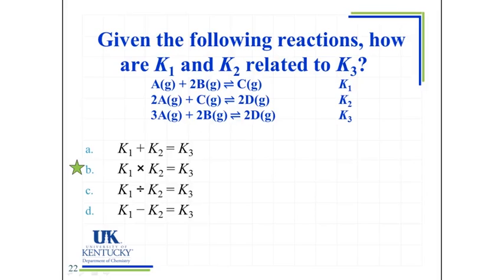Here we have A plus 2A, so that gives us 3A. We have 2B and 2B. We see that we have a C on the product side, but we also have a C on the reactant side, so they're not in the overall reaction. They cancel out. And on the product side, I have 2D and 2D. So since my overall reaction, the third reaction, is simply the sum of reactions 1 and 2, the value of K3 will be equal to K1 times K2.